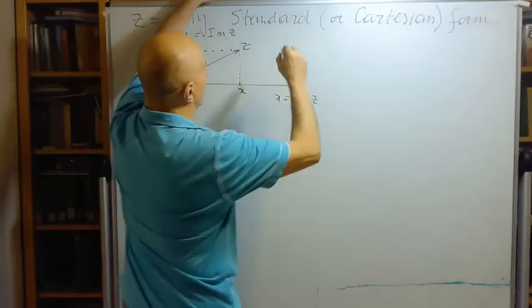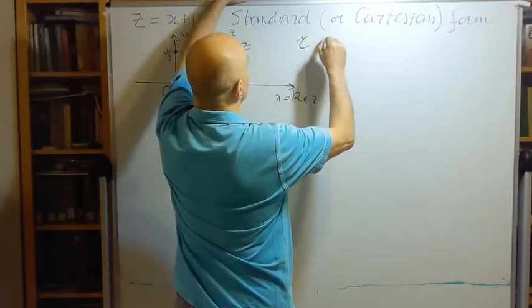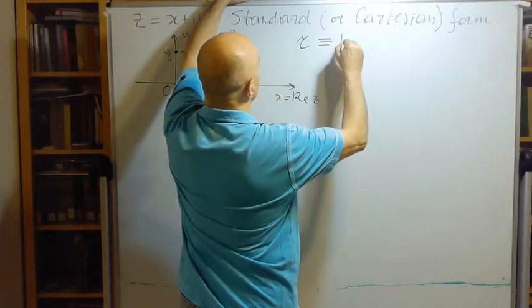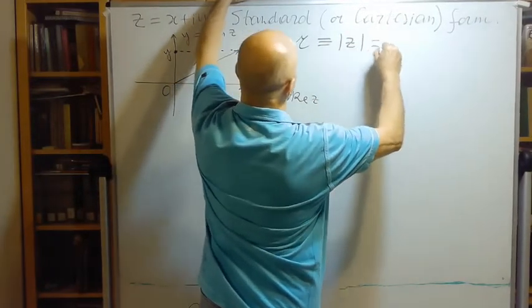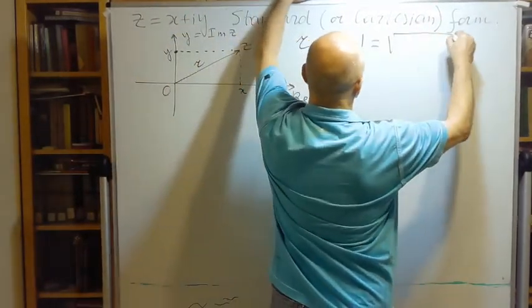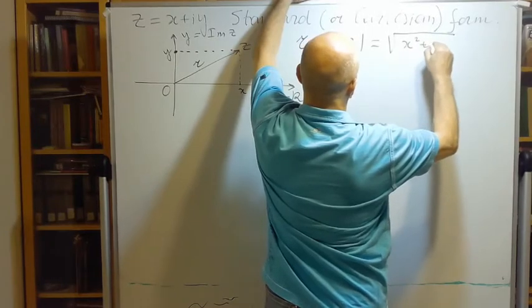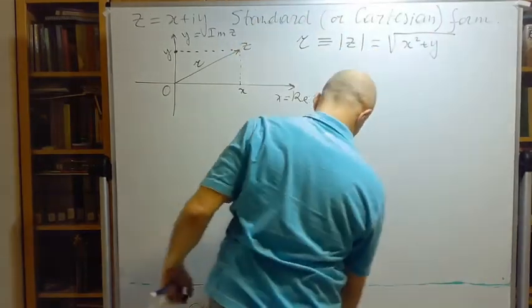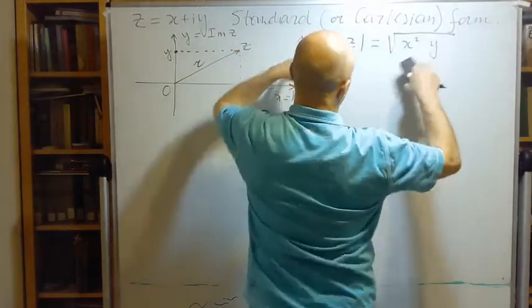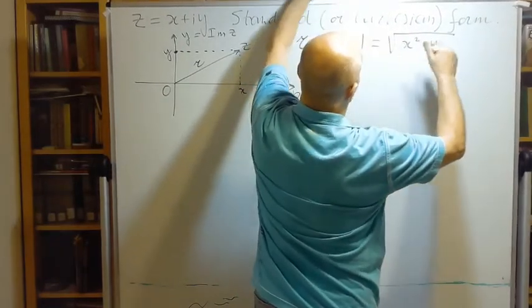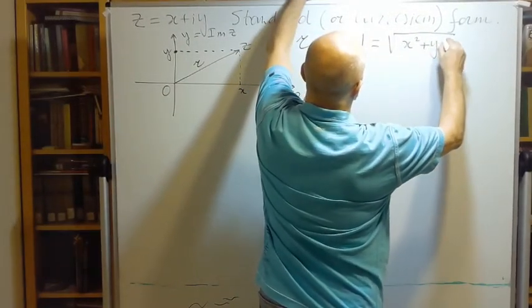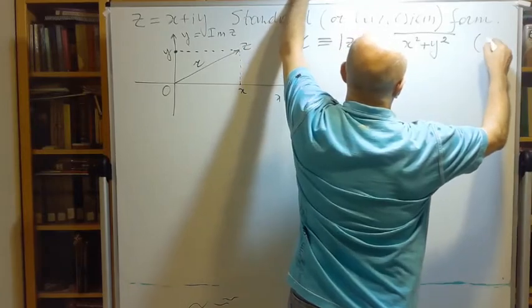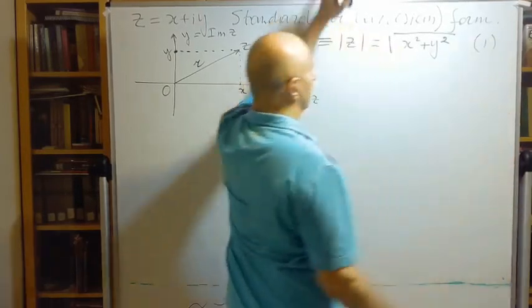Will be one of our notations. R will be by definition modulus of z, or square root of x squared plus y squared. This will be formula, I think, 1 for today.